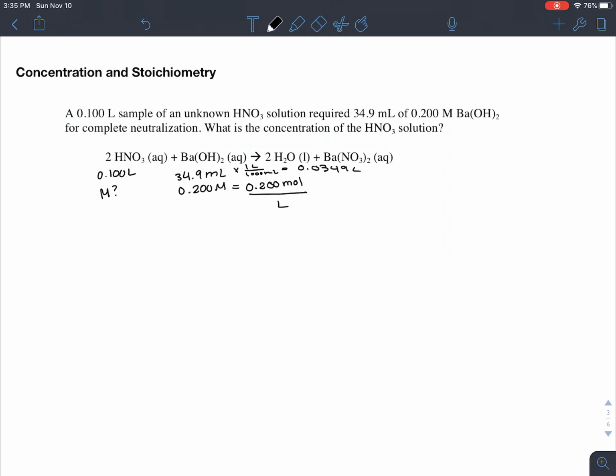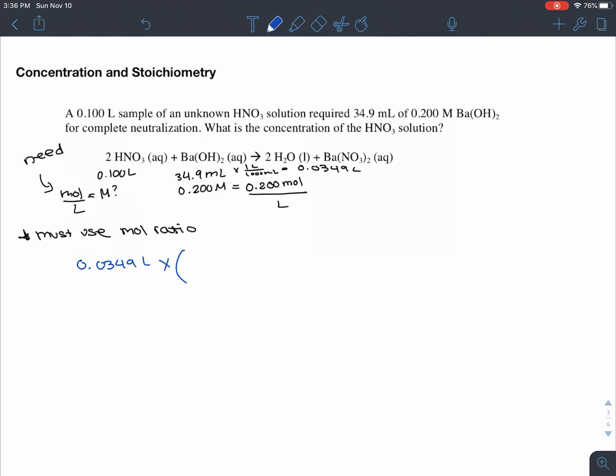Well, if I use these two, I can get moles. Because I want information of nitric acid and I want molarity. If I want molarity, I need mole over liter. I have the liter. This is what I need to solve for. Well, if I'm going from one compound to another, I must use mole ratio. And I can see that from my barium hydroxide information, I have enough to get exactly the moles.